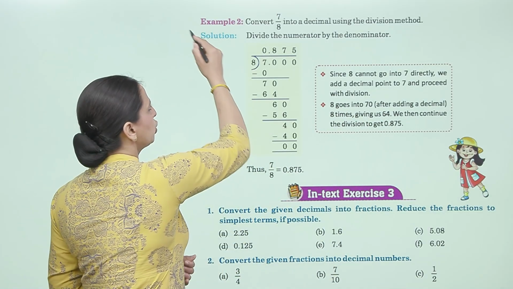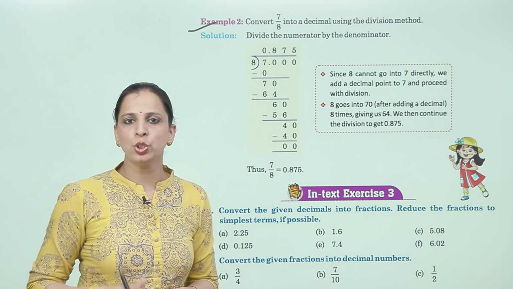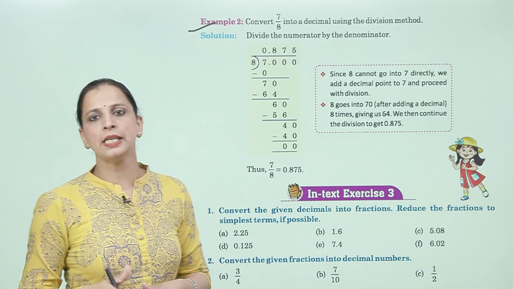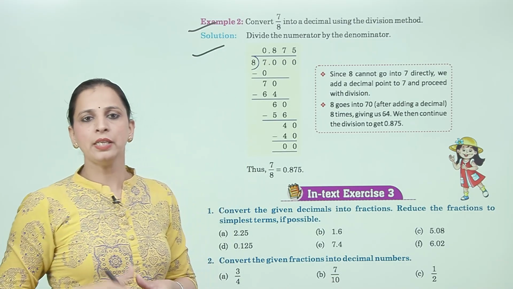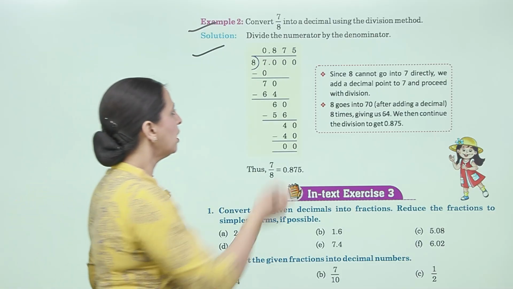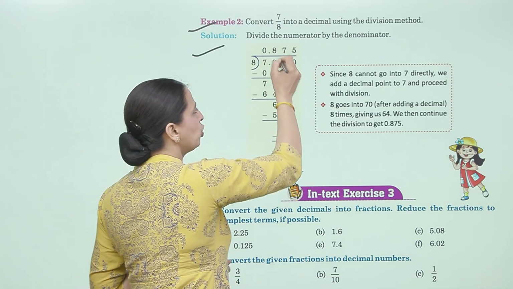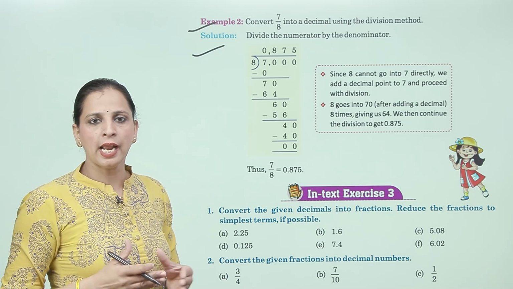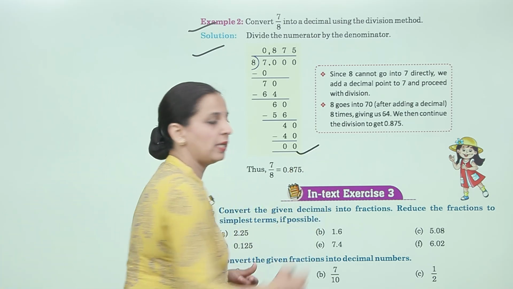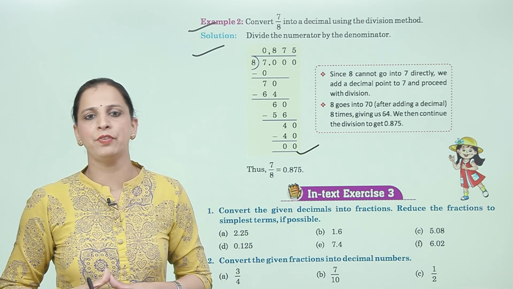Now let us learn how to convert a fraction into a decimal by the division method. Now example 2. Convert 7 by 8 into a decimal using the division method. Solution. Divide the numerator by the denominator. 7 divided by 8. 7 is already less than 8, so we have to put 0. Now put a decimal in both dividend and quotient and start dividing as with a normal number. We get 0.875.